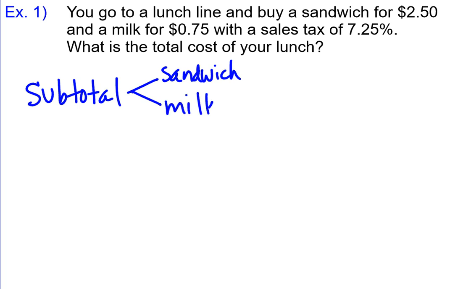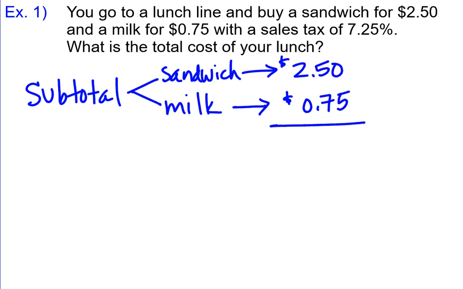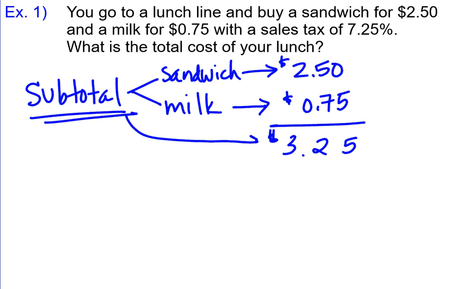The cost of the sandwich is $2.50 and the cost of the milk is 75 cents. If I add these two numbers together, so far I'm at $3.25. That's my subtotal right there. That's what I have before sales tax is added.